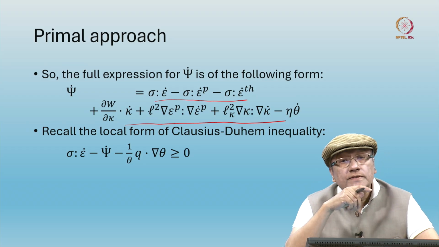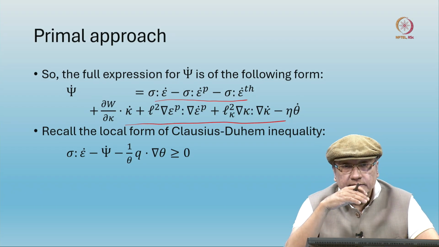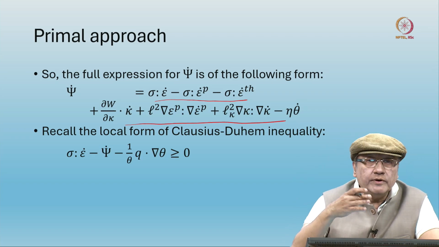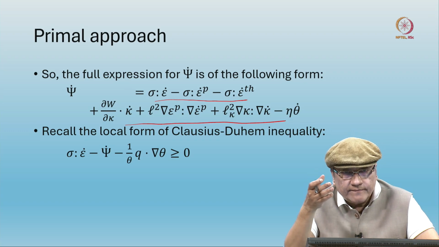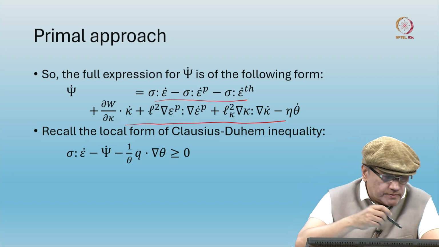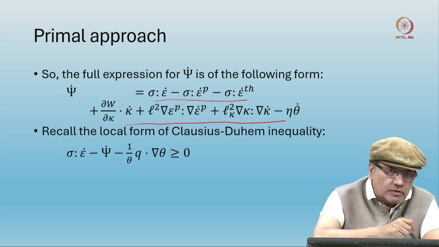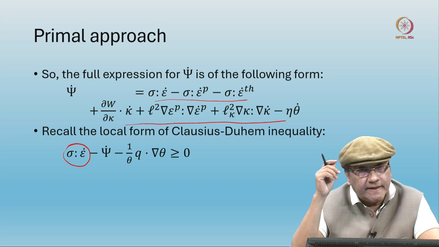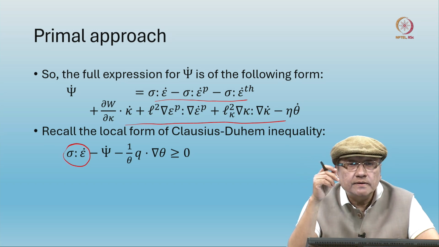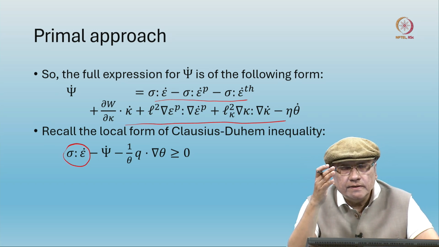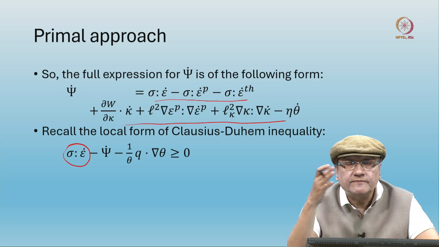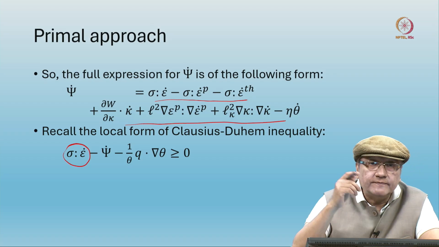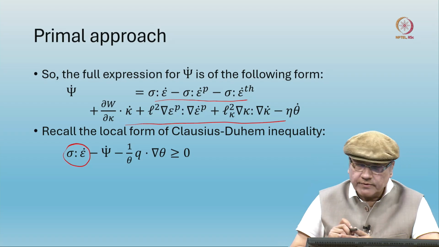Now let us use the Clausius-Duhem inequality, the dissipation inequality, as you know. So by now you may have familiarized yourself with the expression. It is simply the external work, this is the stress power given here, minus psi dot, minus the heat transfer related dissipation, which is 1 by theta, the heat flux Q dot grad of theta.